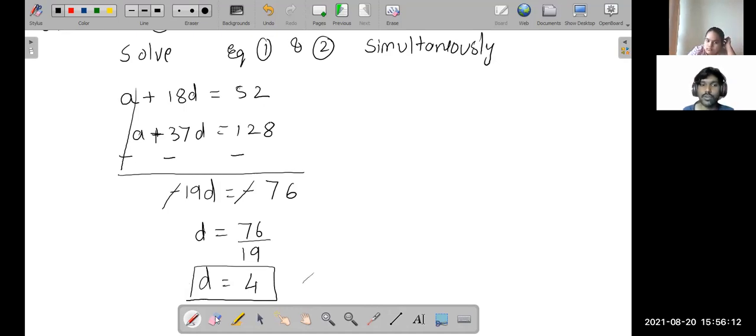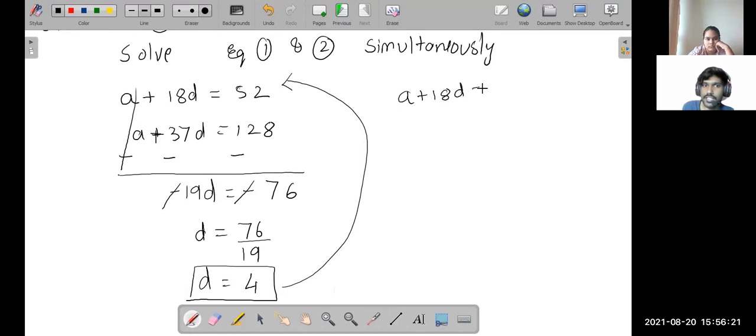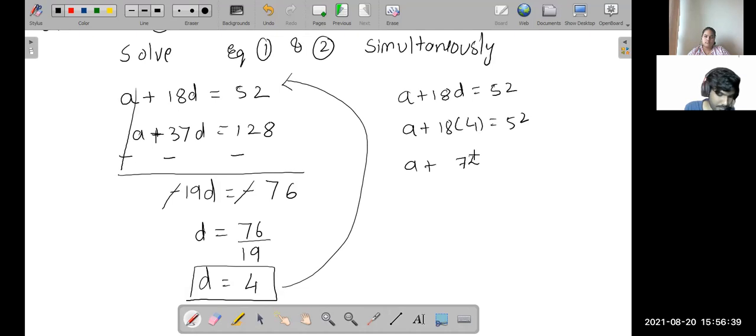Now you got the value of D, substitute it in any one of the equations. I substituted in the first one, A plus 18D is equal to 52. So A plus 18 into 4 is equal to 52. 18 4s are 72. A plus 72 is equal to 52.